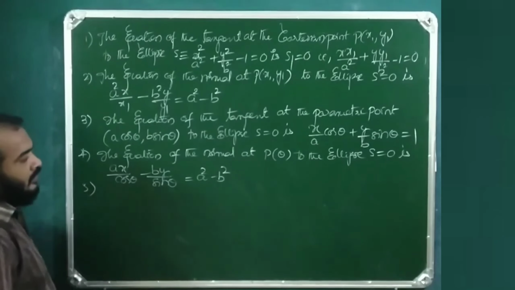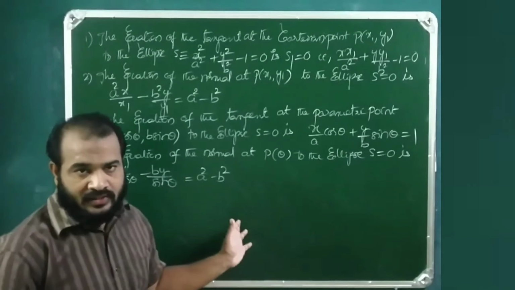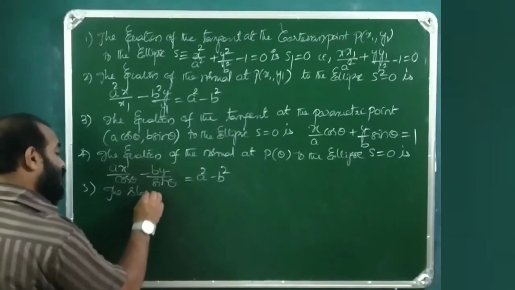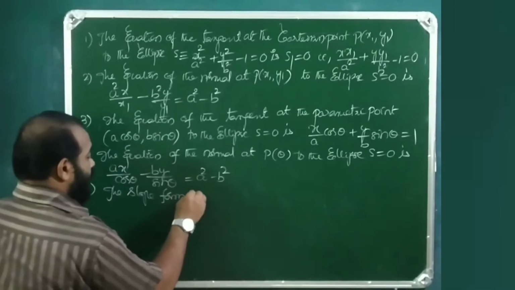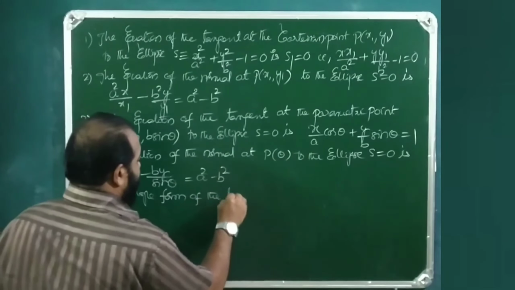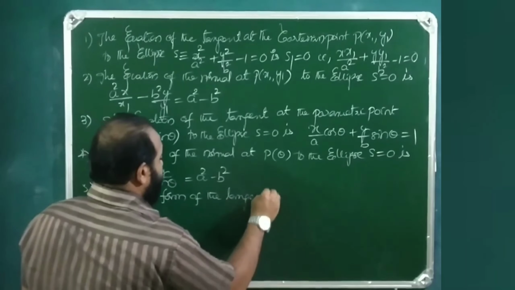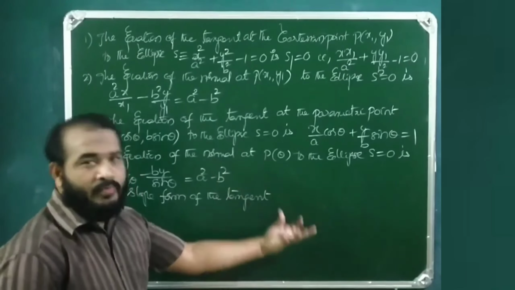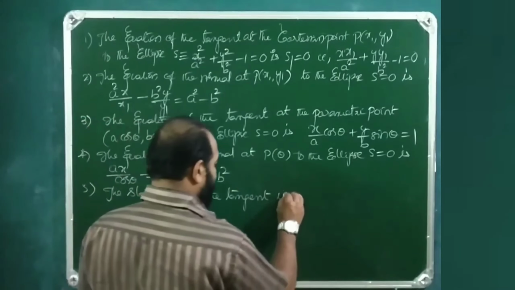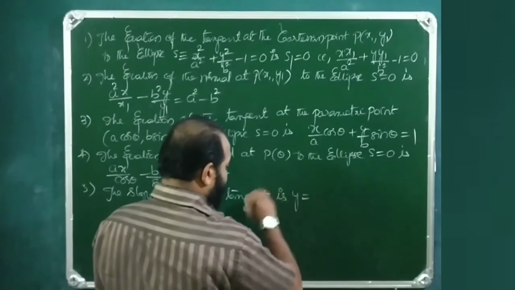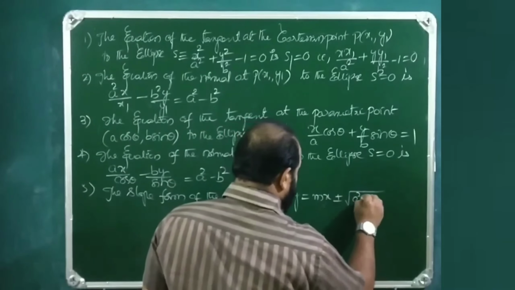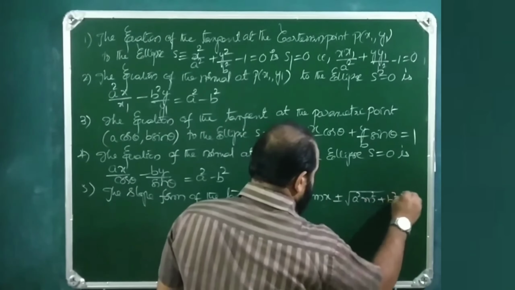The equation of the tangent in the slope form is y equals mx plus or minus square root of a square m square plus b square.